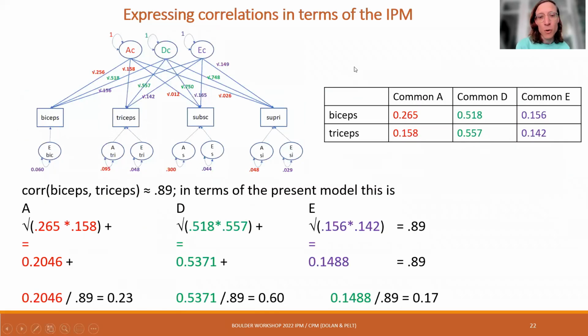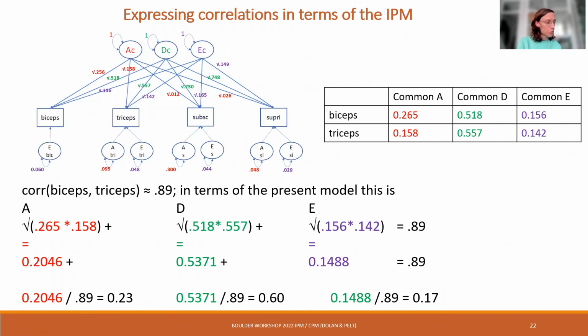So, one final way of expressing the results, presenting the results of the independent pathway model, and this is my final slide, is to express the correlations in terms of the parameters of this model, right?